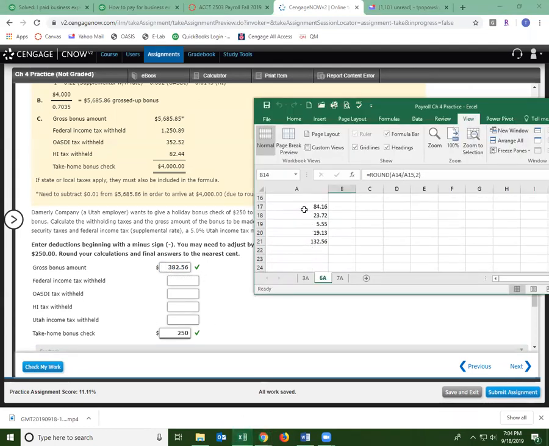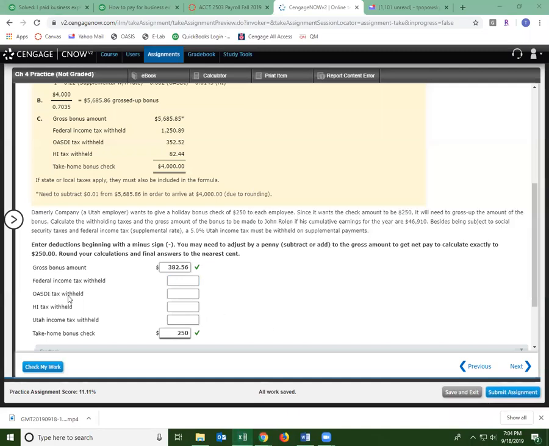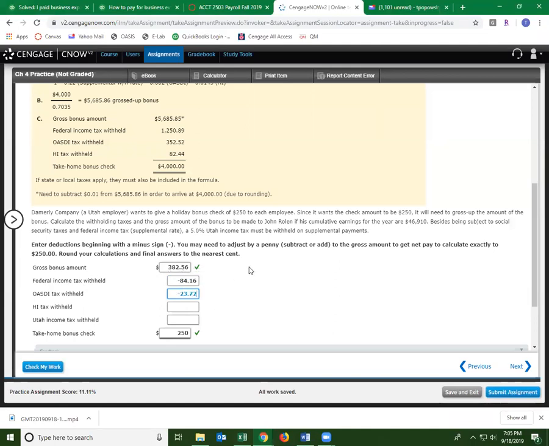And then I just calculated my withholdings. Okay, so I took 22% of that to get the federal income tax withheld. And I'm going to put these in as a minus, so minus 84.16. And then OASDI, I took 382.56 times 6.2%, get 23.72.